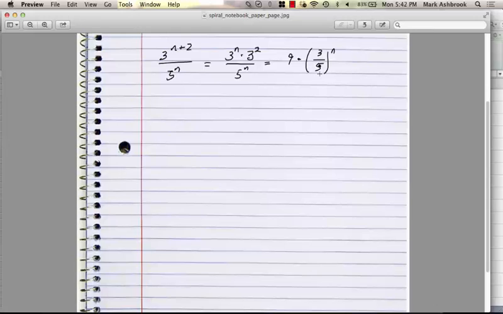So, 3 over 5 to the n. Converge or diverge? Convergent to what value?